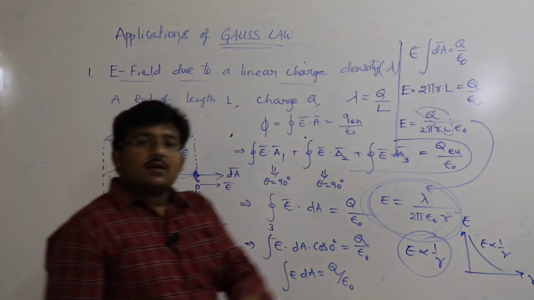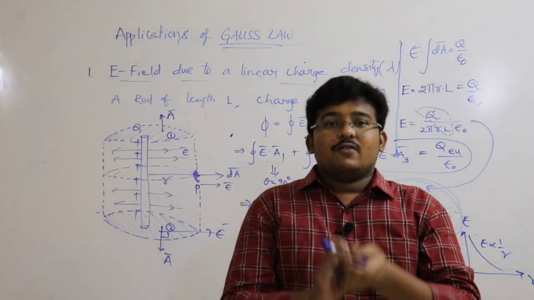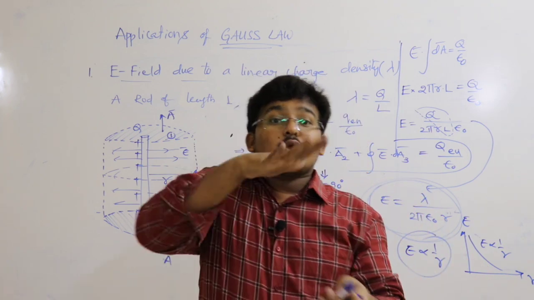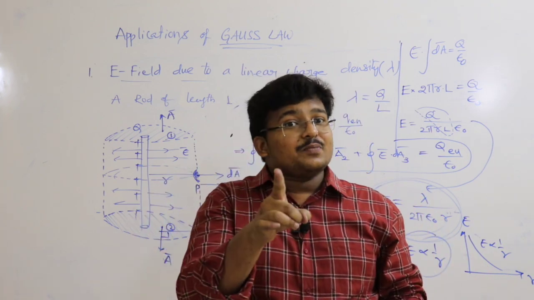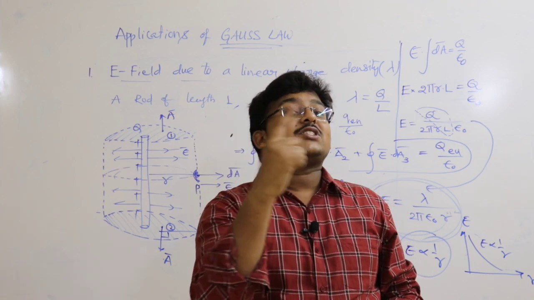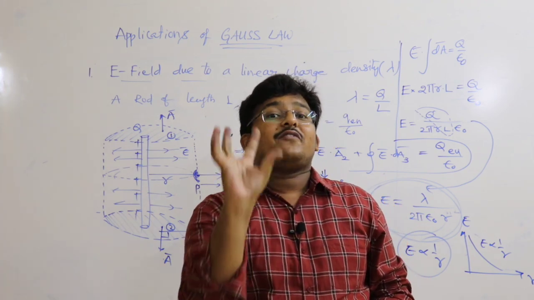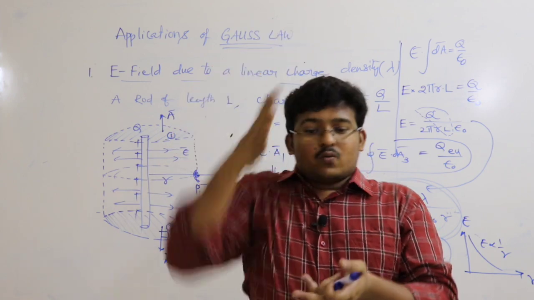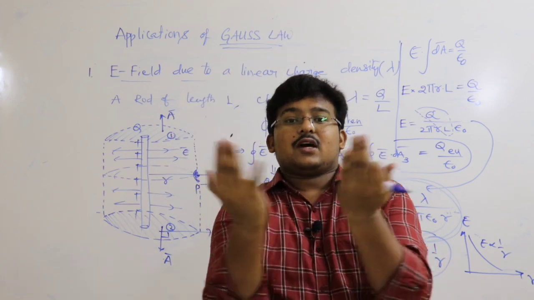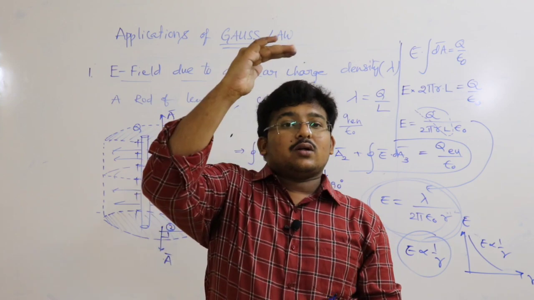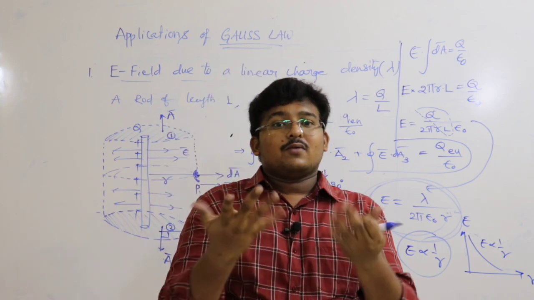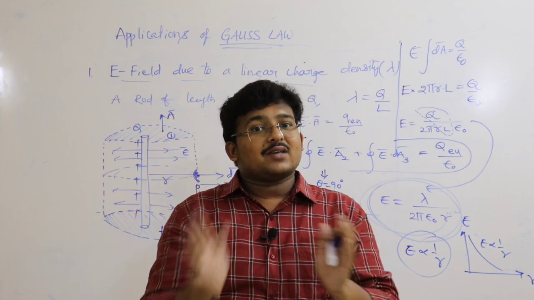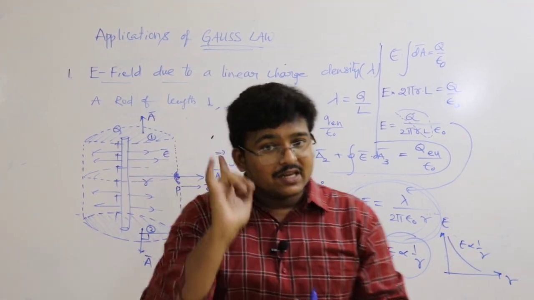Here the thing is that we have taken a rod and formed a Gaussian surface, which is closed, and due to the symmetry of the rod, I have taken a cylinder with 3 surfaces: one is the top, one is the bottom, another is the curved surface. For the top and bottom, flux is 0 because the area vectors and electric field are at 90 degrees.